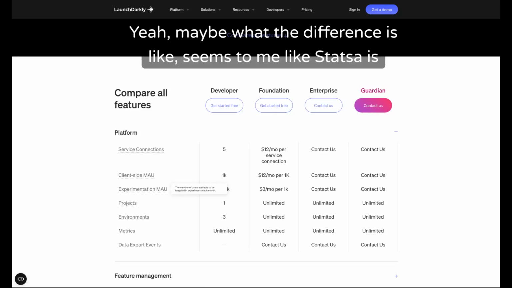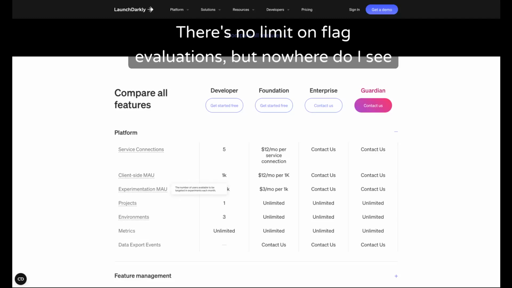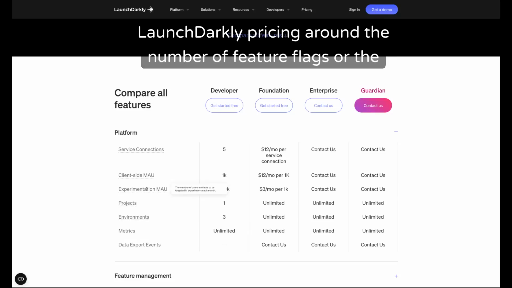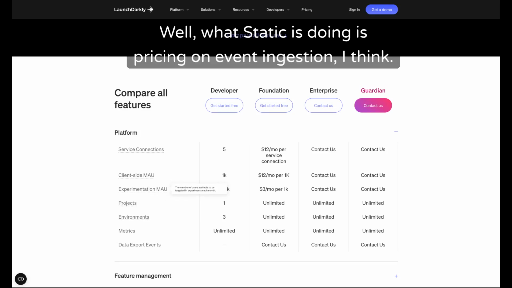Yeah. Maybe the difference is, it seems to me like Statsig is trying to counter position on price and say, hey, feature flags are free. There's no limit on flag evaluations. But nowhere do I see LaunchDarkly pricing around the number of feature flags or the number of evaluations. Well, what Statsig is doing is pricing on event ingestion, I think.